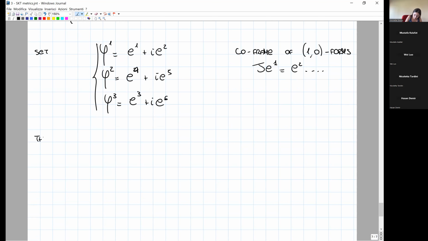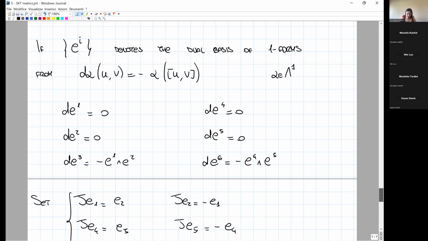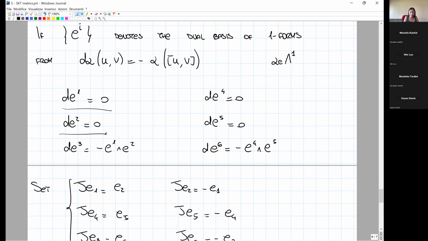And so if you compute the differential of phi1, it's the differential of e1, e2. But the differential of e1, e2 is equal 0, which means that phi1 is closed.